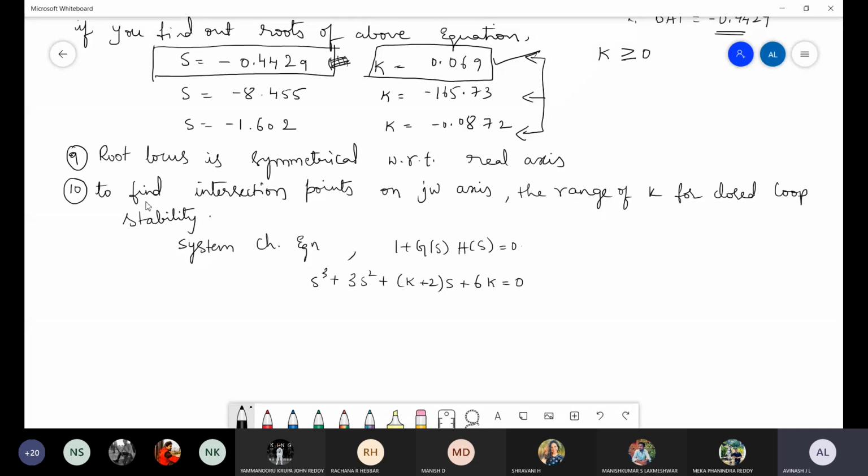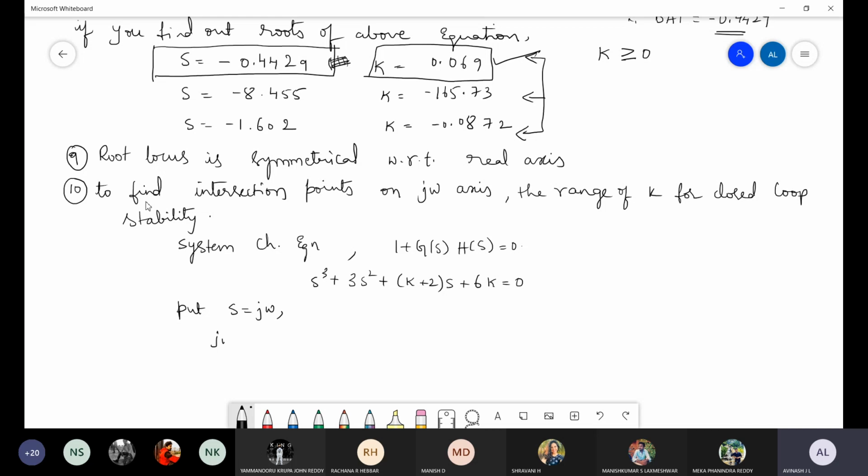I told you that we can do this process of finding the intersection points on the j omega axis as well as the range of k. So we need to put s equal to j omega. Okay, so now we will put s equal to j omega.